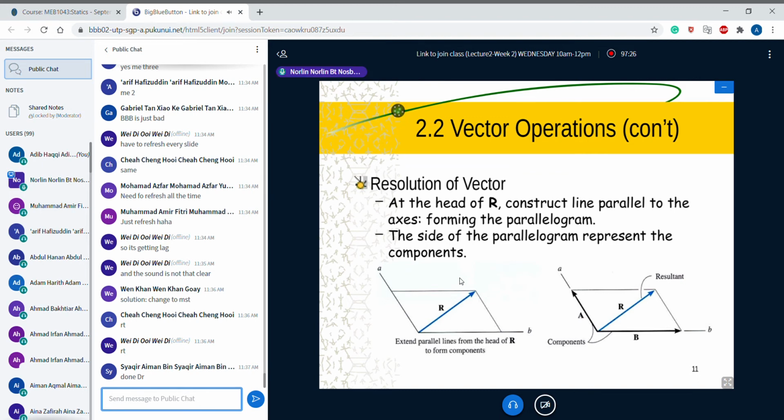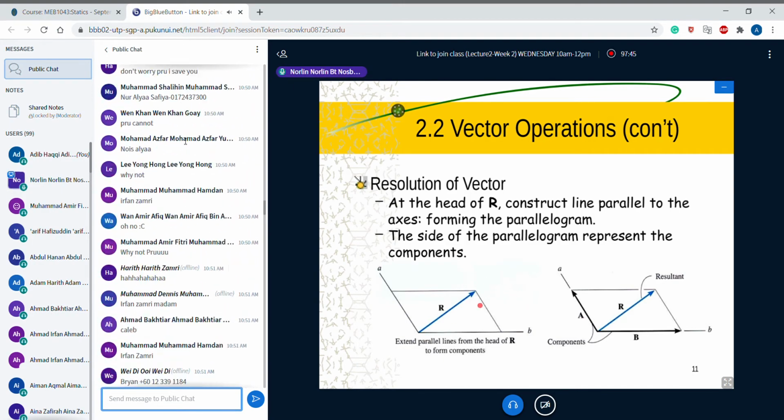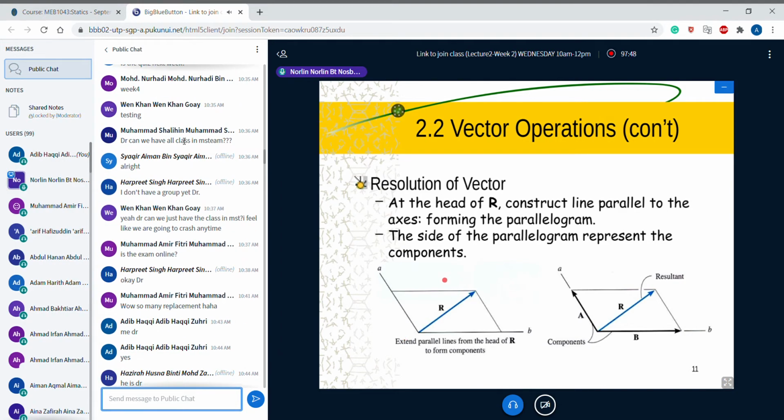Okay, now it is on vector operation. Just now you all know where to draw the R, or the resultant force. The resultant force is the final force.